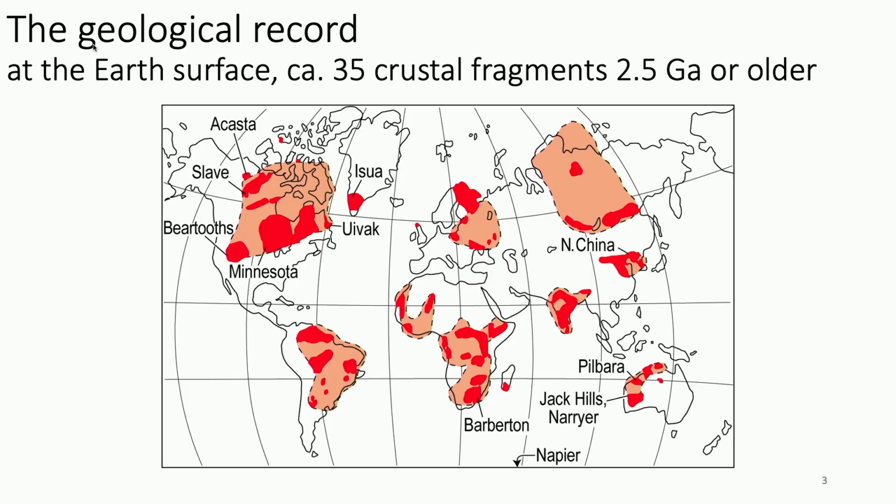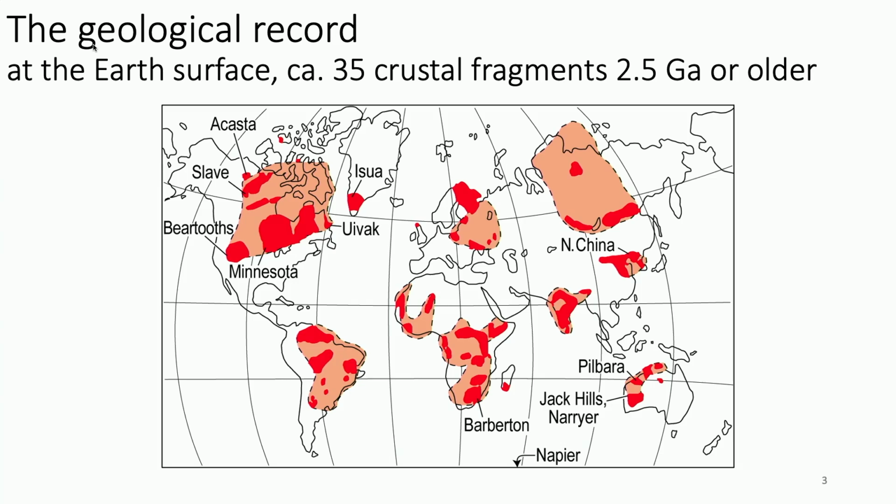There's a real challenge in looking at the early environment of the Earth. Here is a map of the outcrops where there are some crustal fragments outcropping. You see, it's a very low surface coverage of the Earth.